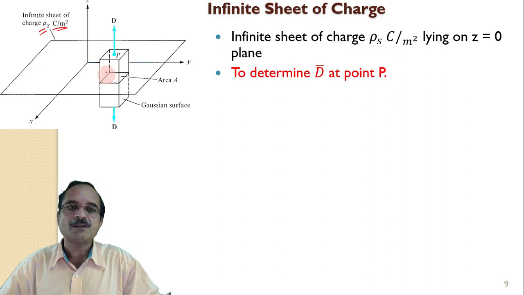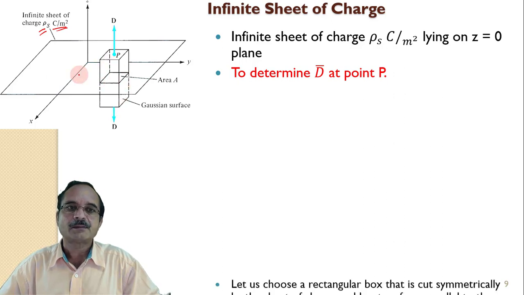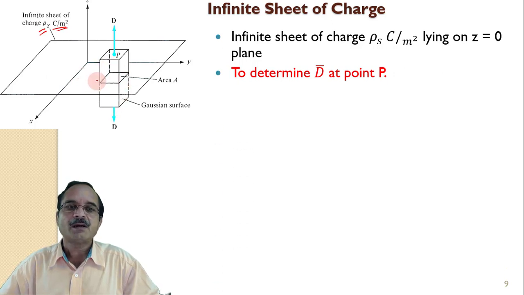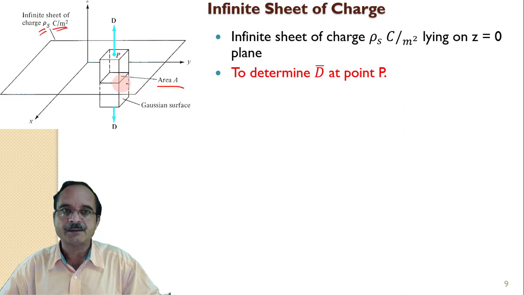The Gaussian surface which we use here is a box, and this box cuts some part of this infinite sheet, and that part is this area A. So this is the Gaussian surface. Now assuming this Gaussian surface, we'll find out the charge enclosed inside it because of this area A.